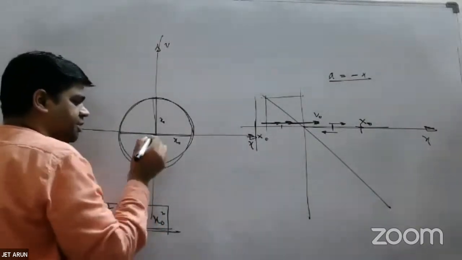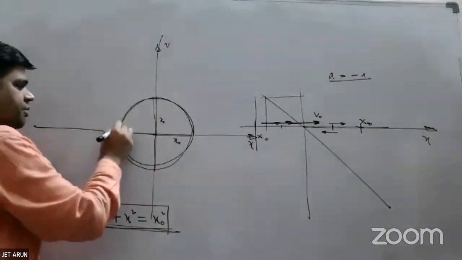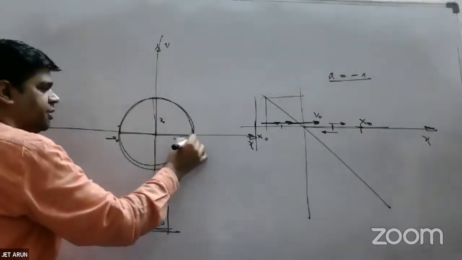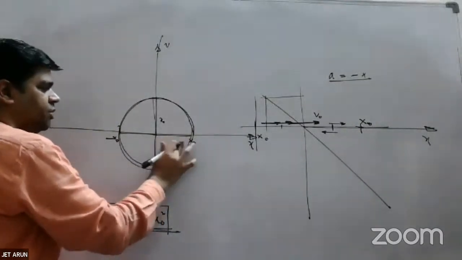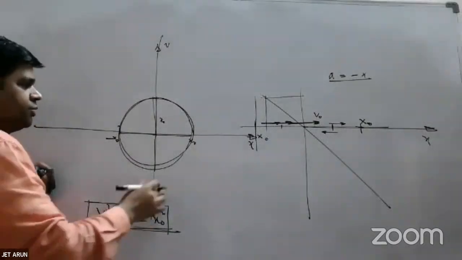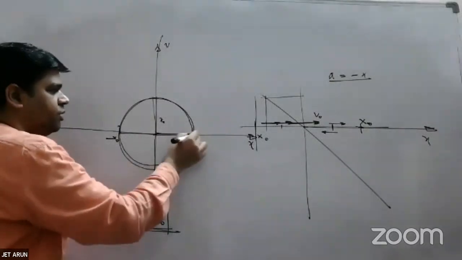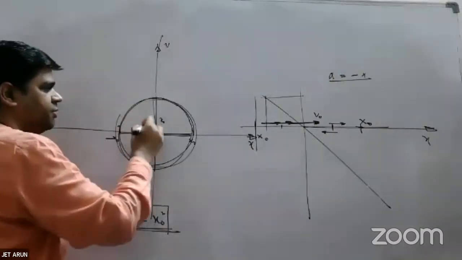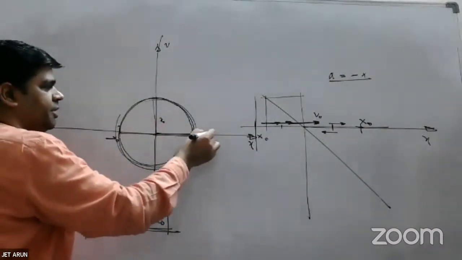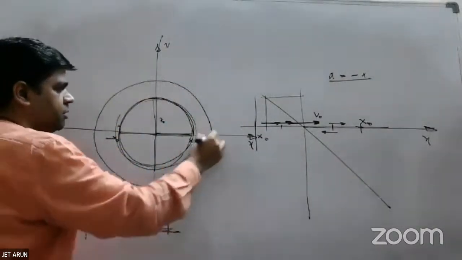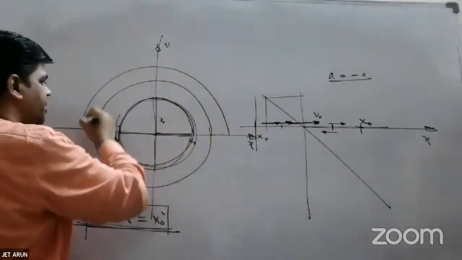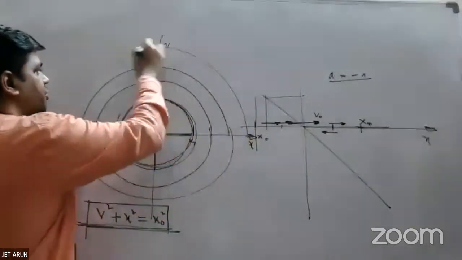This will be minus x naught. So this is minus x naught, this is plus x naught. If x naught is 2, I'll have a radius of 2, and this is the radius of the circle. Radius 3 looks like this, radius 4 looks like this, 5 looks like this.